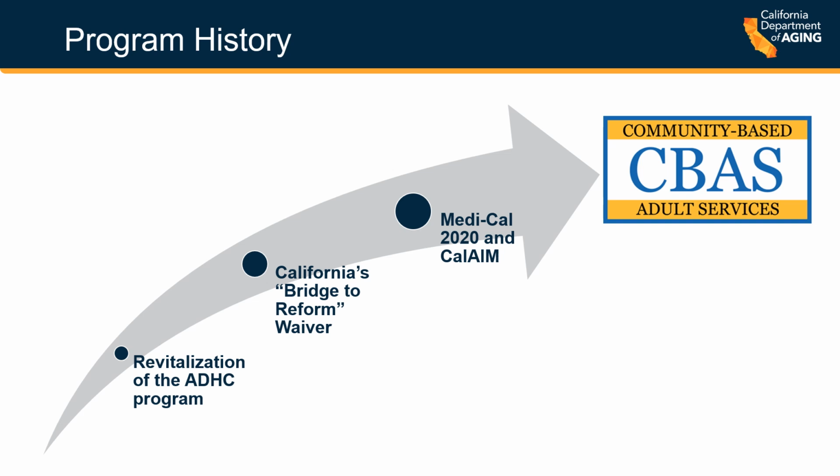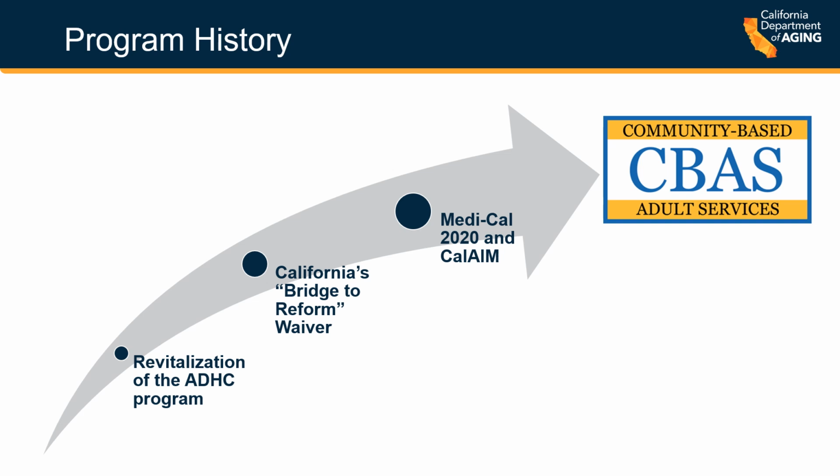While ADHC was a statewide Medicaid benefit, CBAS became a waiver benefit first under California's Bridge to Reform waiver in November of 2010, and later through Medi-Cal 2020 and Cal-AIM Section 1115 demonstration waiver. Both waivers require the benefit only in counties where ADHC existed as a benefit prior to April 1, 2012.